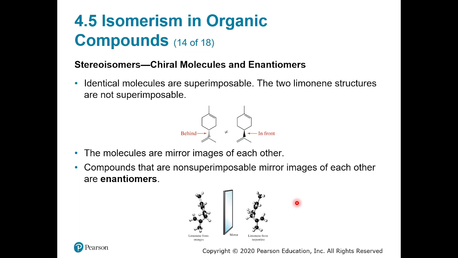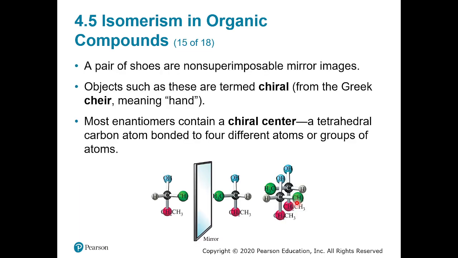One type of enantiomer, probably the most important type, is chiral compounds. If we look at a pair of shoes, for example, they are non-superimposable mirror images. They have chirality, don't they? If you try to put your left shoe on your right foot, what happens? Doesn't work quite right, does it?